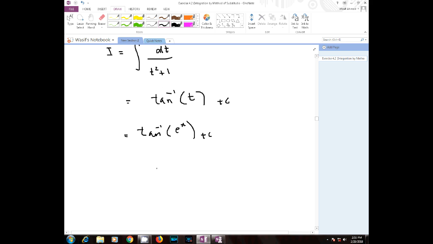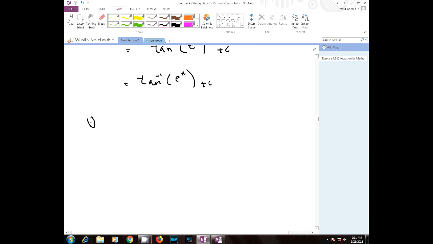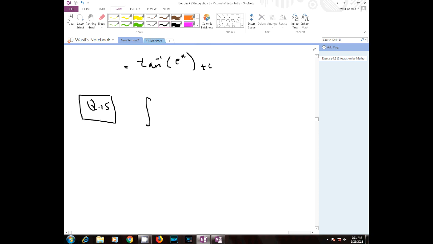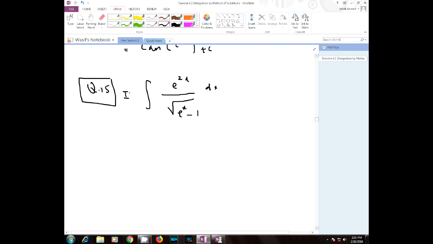Now we will solve the next question. Question number 15. In this question you have to solve the integral of e raised to the power 2x divided by square root e raised to the power x minus 1 dx.